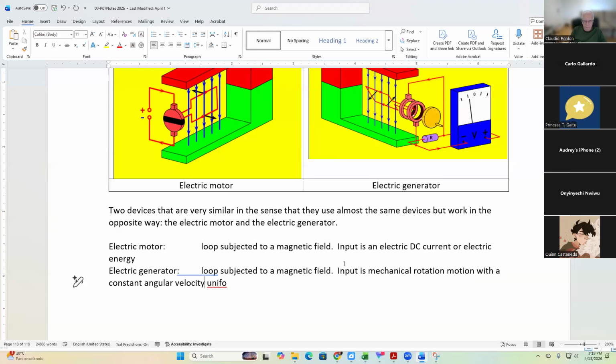Okay? Output. What's the output here? Output is mechanical rotational motion.